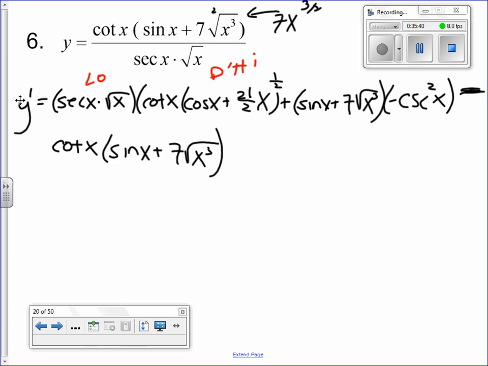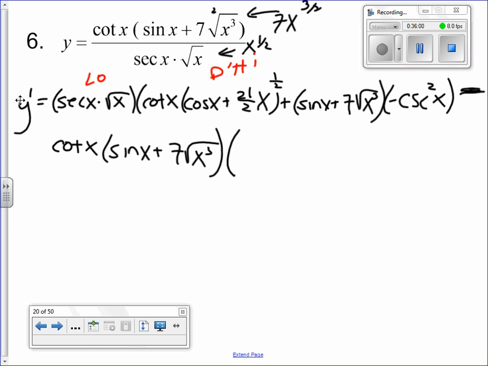D low. For D low, you're not going to just start taking the derivative of each one separately, are you? What are you using? Product rule. Now, square root of x, that's x to the half. So let's take the derivative of secant x times x to the half.